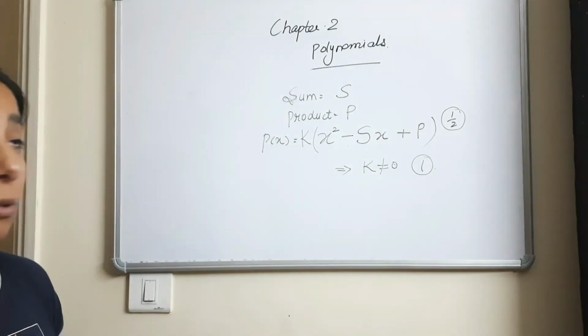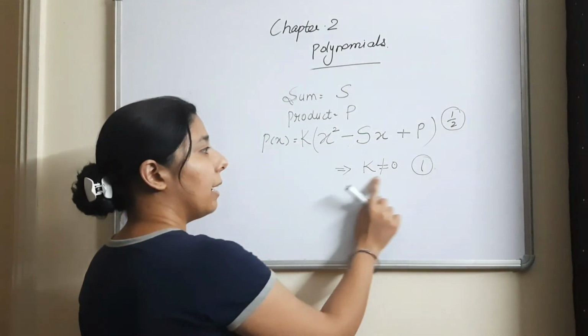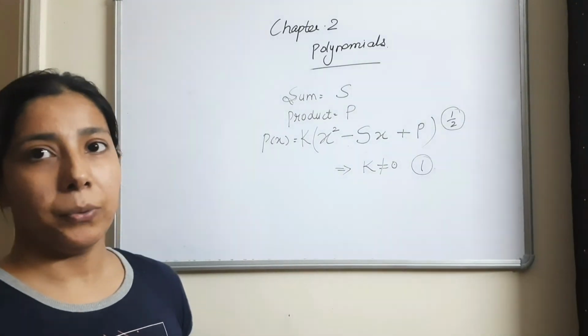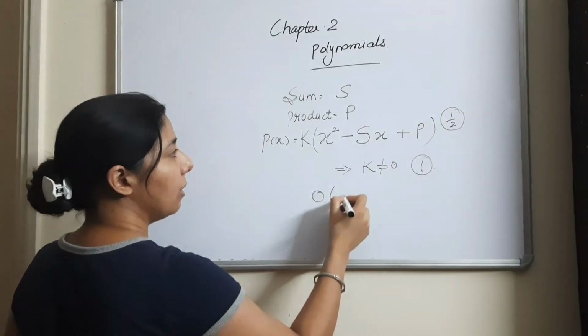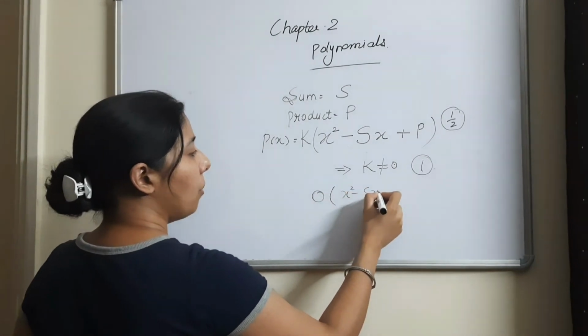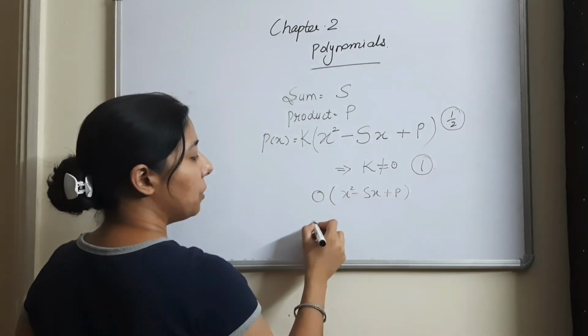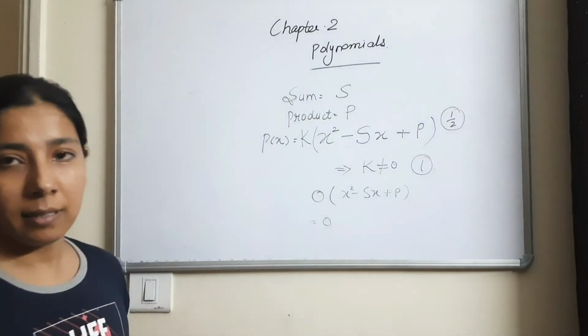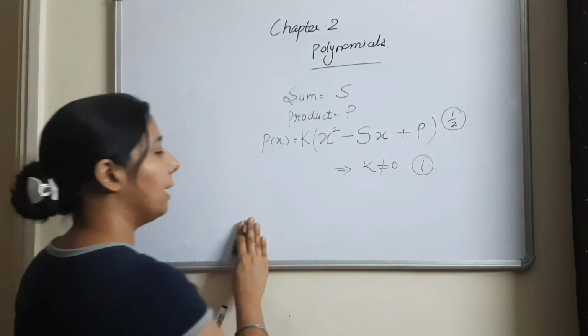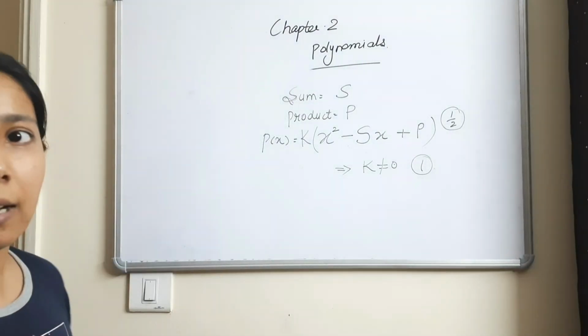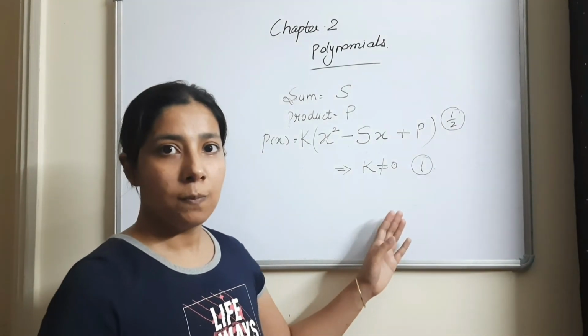So if you don't want to lose half mark, you should write k not equal to 0, because if I put k equal to 0 in this polynomial, then this whole polynomial will become 0, which makes no sense. Fine. So it is better to write k should not be equal to 0. K can be any real number, but it cannot be equal to 0.